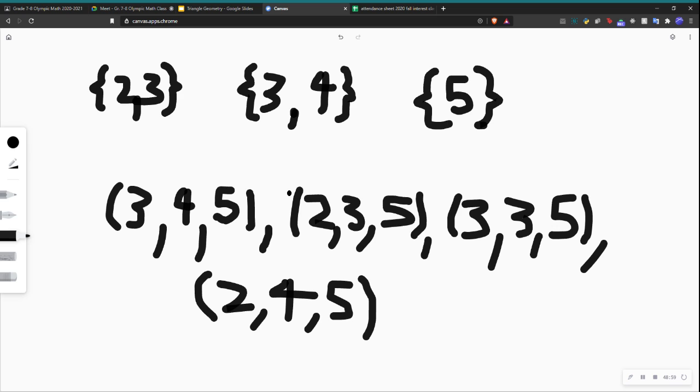All right. So someone tell me which of these groups actually form a triangle. I'll put a check mark on the ones that work. Yep, 3, 3, 5 works because 3 plus 3 gives you 6. That's larger than 5. So that works.